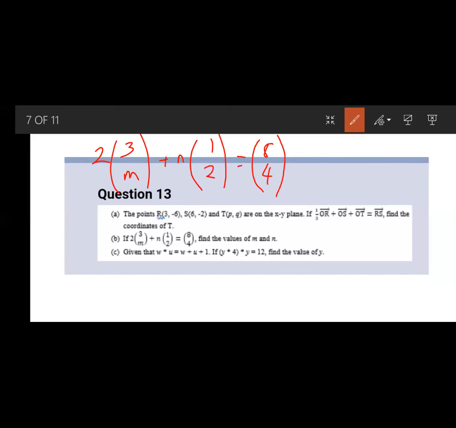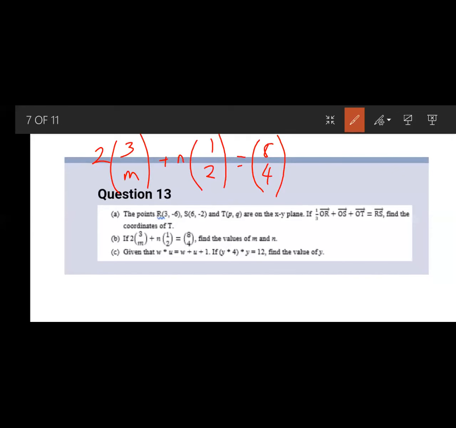If you look at this one too, it's a matrix question. But what is the dimension of this kind of matrix? Can anybody tell us the dimension of the matrices that we have here? 2 by 1. Thank you. 2 rows by 1 column.